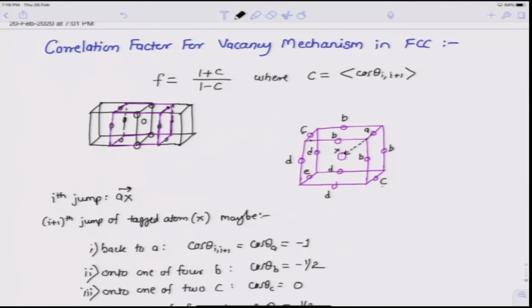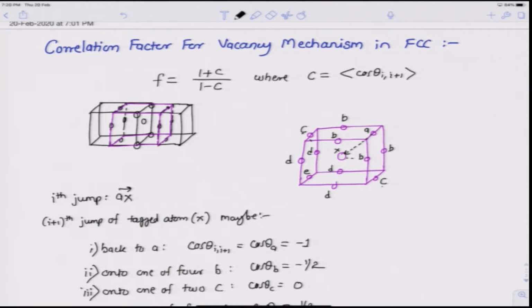If the atom X here has to make a jump onto any of the sites, let us say onto site B for example, then the vacancy has to be on site B, and we are considering the correlation effect.